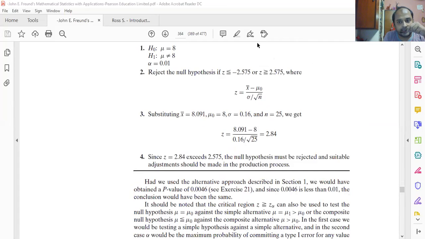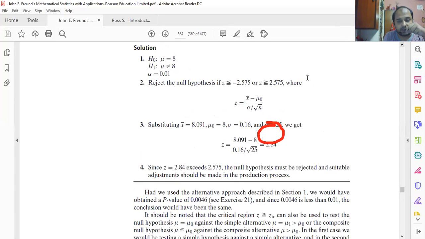Now, let us consider this value 2.84. This particular value has already been calculated. Now you see, what was the definition of p-value? Let me write it in here only. So the definition of p-value is 2 probability of, I am going to the whiteboard.